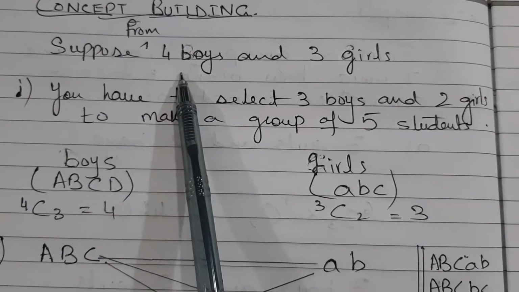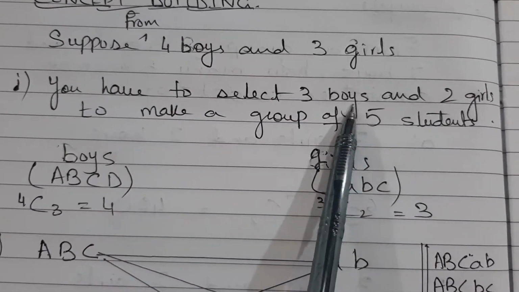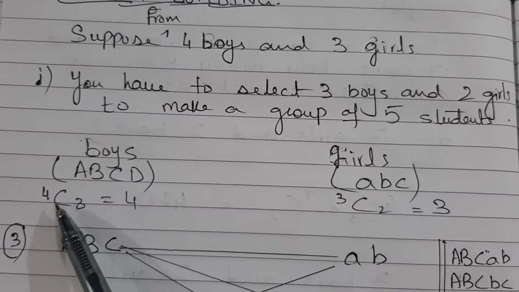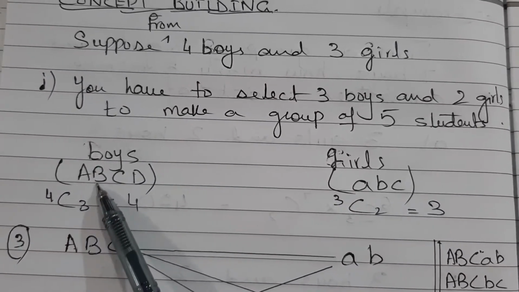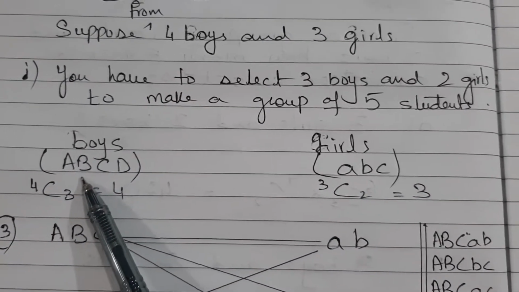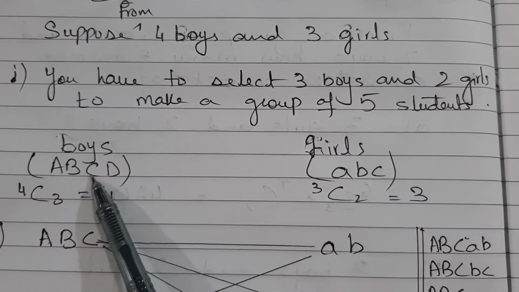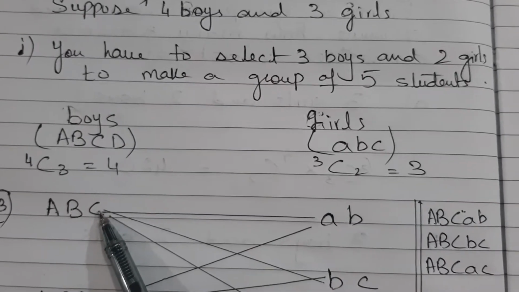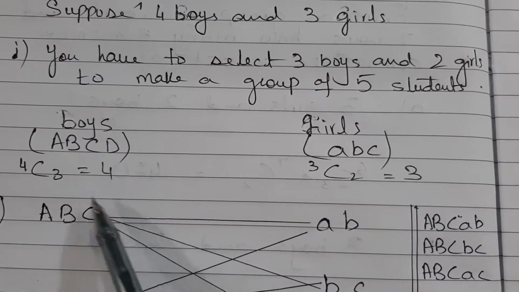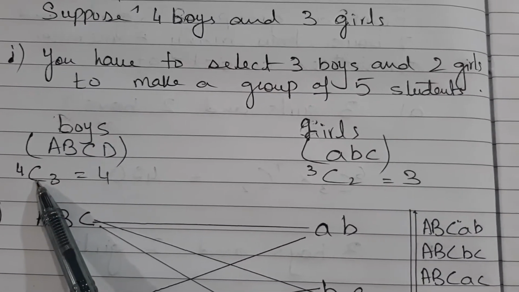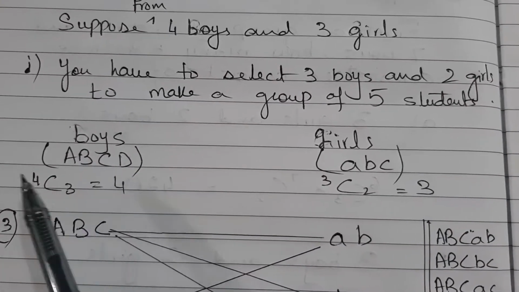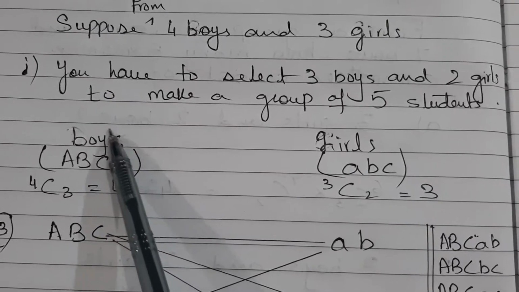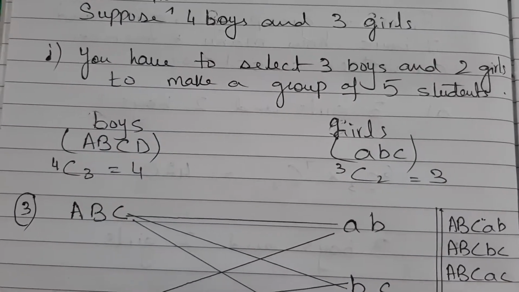Now from the 4 boys, I have to select 3 boys. In how many ways can I select them? So I can figure it out: 4C3, because, like I said, when I'm selecting boys, whether I call ABC or BAC, it is the same thing. So that's why order is not important, and that's why I'm using combination, right? 4C3. Okay, so there are 4 ways to select 3 boys out of 4 boys.